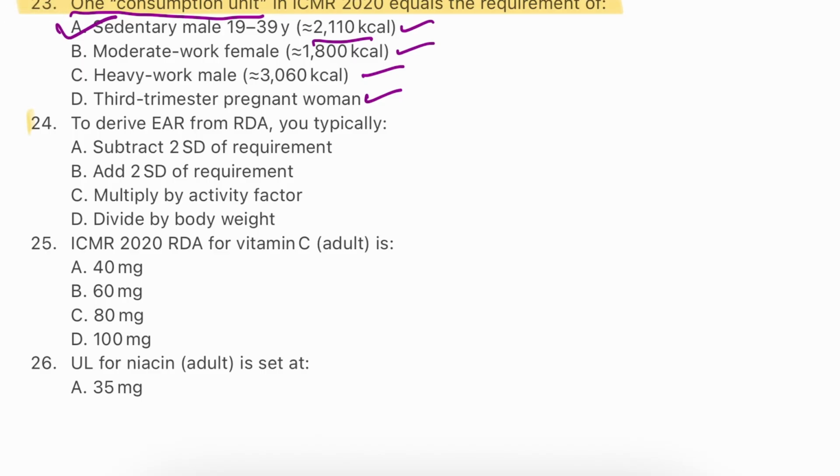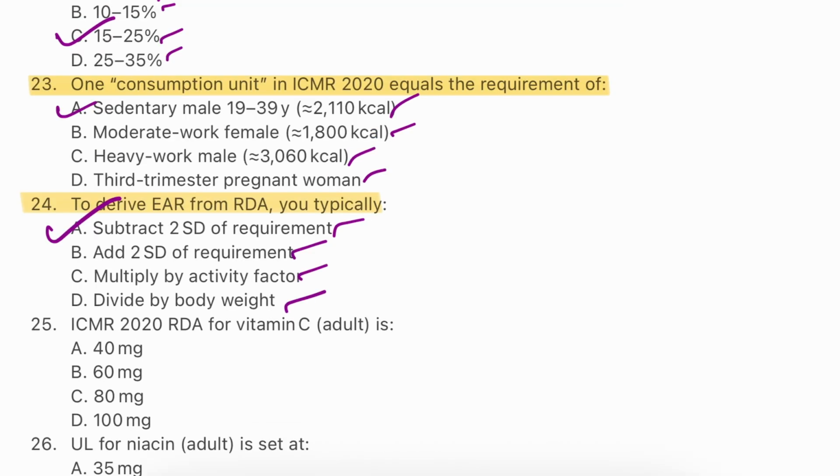Question number 24. To derive EAR from RDA, you typically: subtract 2 SD of requirement, add 2 SD of requirement, multiply by activity factors, divide by body weight. The answer will be A. Subtract 2 SD of requirement refers to deriving the estimated average requirement from the recommended dietary allowance.